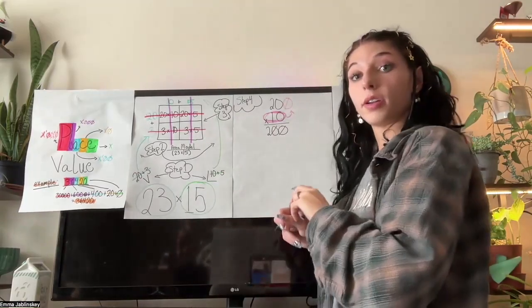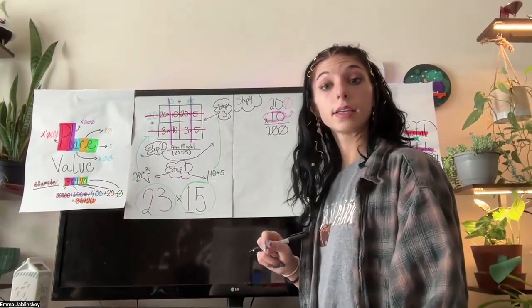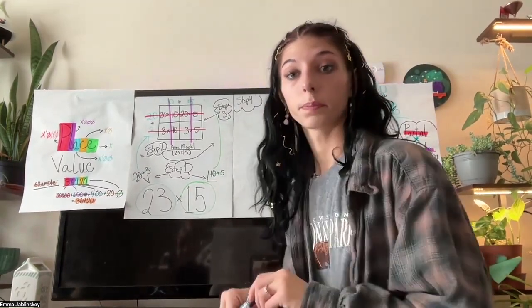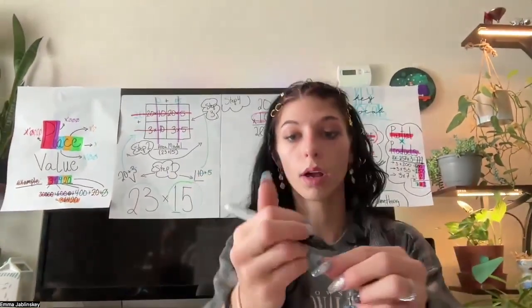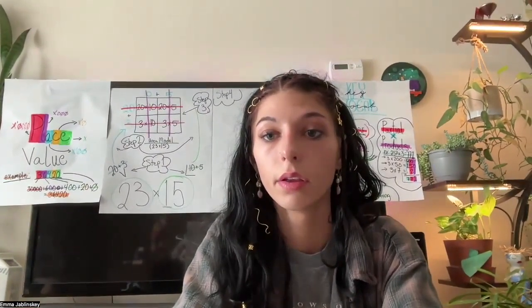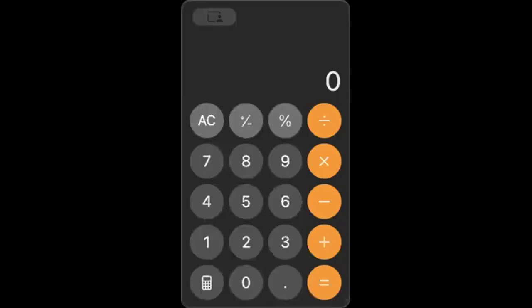Something that all good mathematicians do is they check their work. So I want to direct your attention to my screen where my calculator is shared. So here we go.